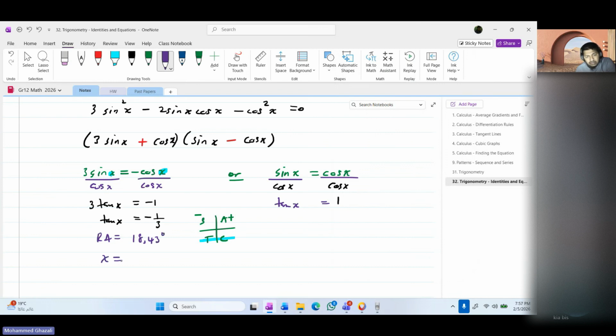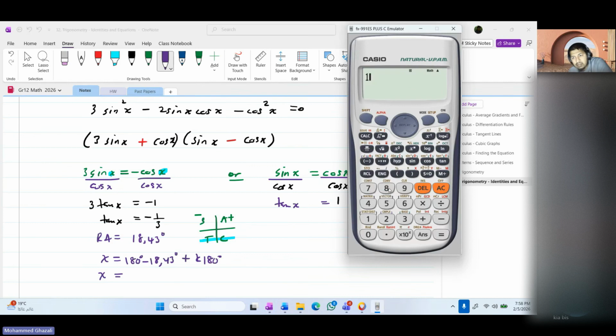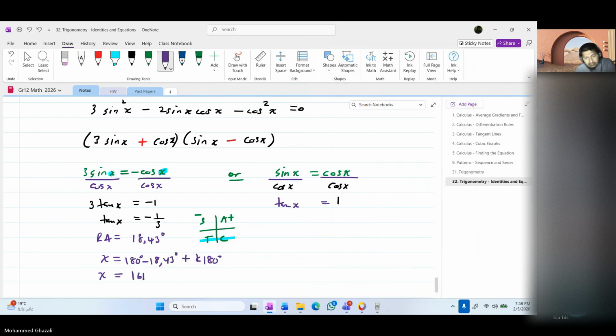So x is equal to, which quadrant is the tan in? Is in the second quadrant. So 180 minus 18,43 degrees plus not K360, be careful, K180 is tan. And we can take 180 minus 18,43, 180 minus answer, 161,57 plus K180.